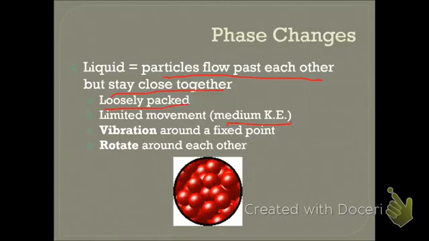But not only do they have the ability to move around each other, they've still got that vibration around a fixed point because they've got that limited movement, and they rotate around each other. So a liquid has what we call vibrational energy. And it has rotational energy.